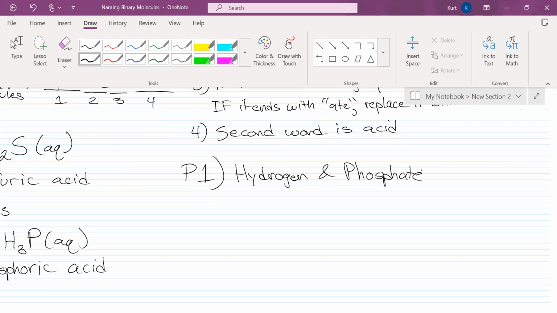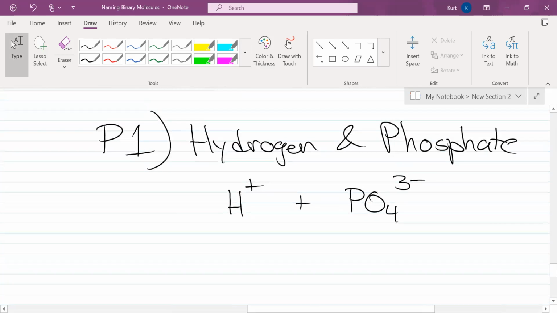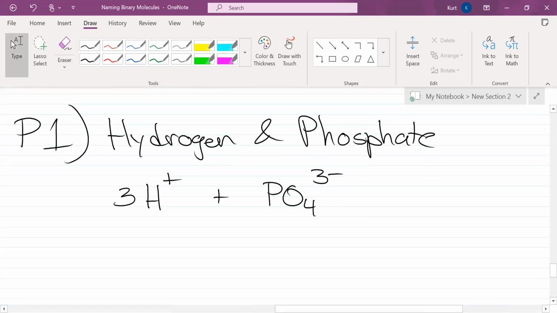Because there's phosphoric acid in it. So if you see that hydrogen has a positive 1 charge, do you remember what the charge of phosphate is? -3. So what ratio do you have to have? You have to have 3 hydrogen to 1 phosphate. So this is going to be H3PO4. And it's going to be aqueous.